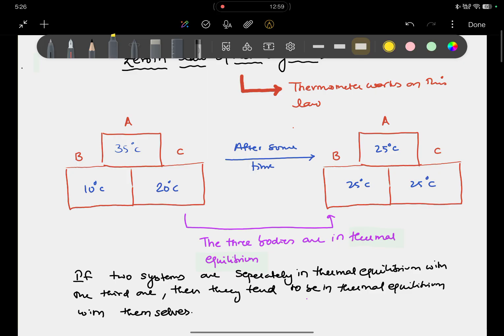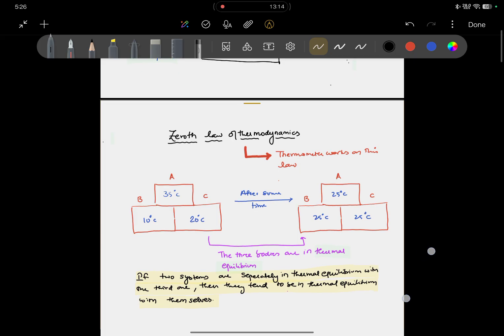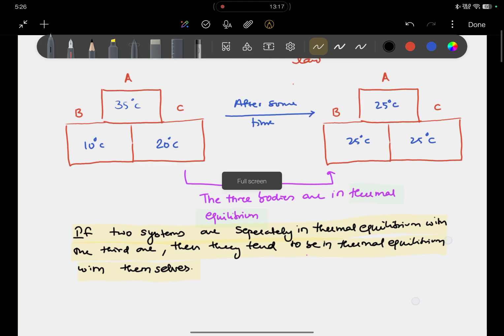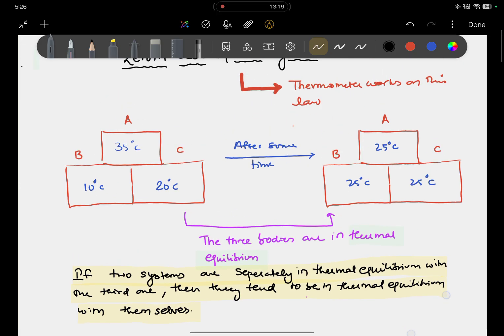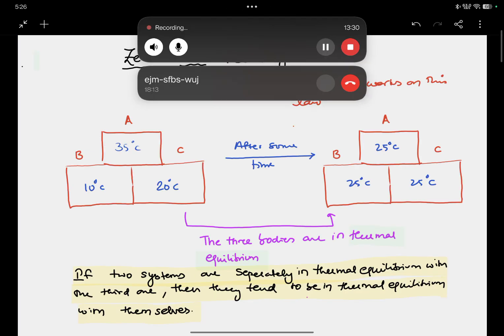Please make a note, ma. This is the law. Once you are done with copying, let me know.